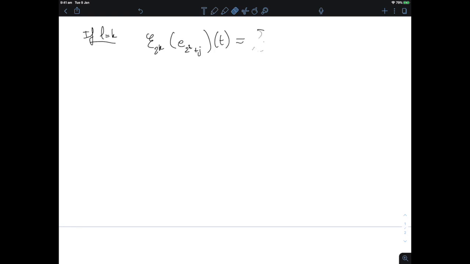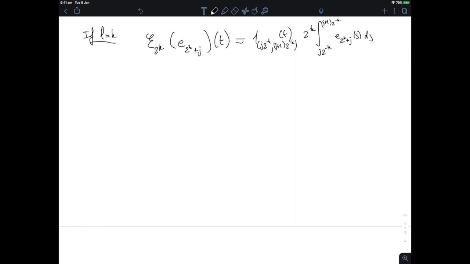So what I'm going to get here is just the indicator function of j 2 to the minus k, j plus 1, 2 to the minus k of t, times the average of the function on that interval, the only interval where the integral of e to the 2k plus j is non-zero, the integral from j 2 to the minus k to j plus 1 times 2 to the minus k of e to the 2k plus j of s ds.